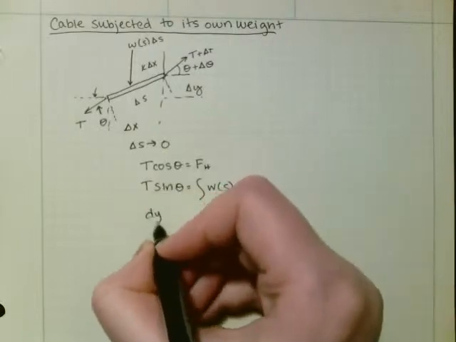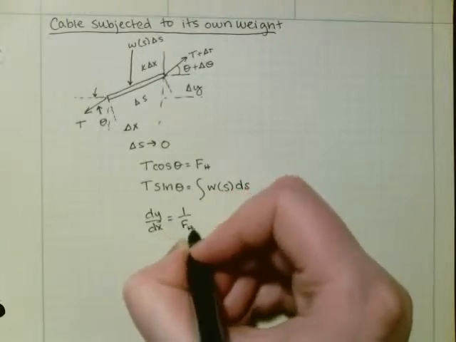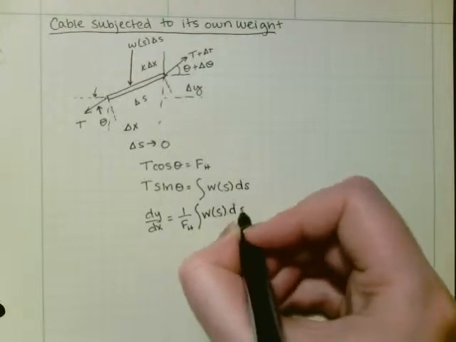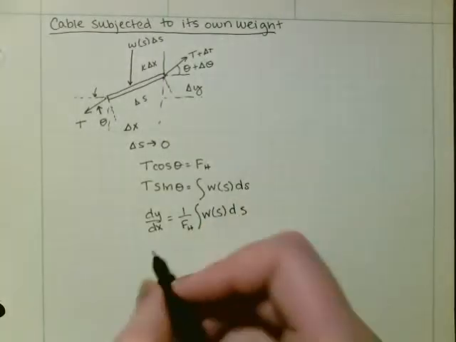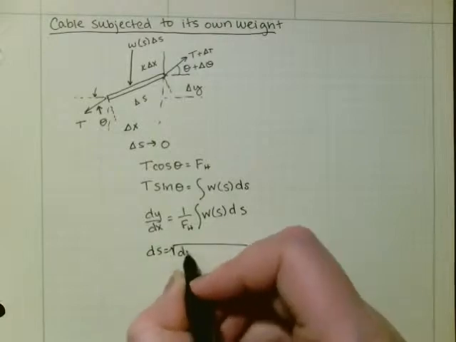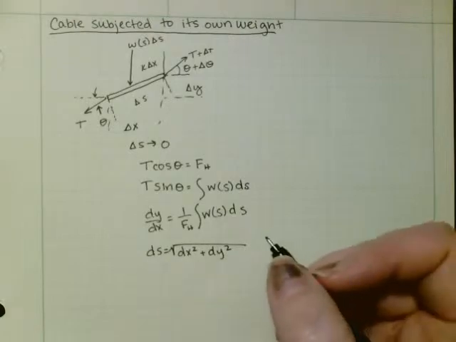And then dy/dx would be equal to 1 over F_H times the integral of w(s) ds, where ds is equal to the square root of dx squared plus dy squared from the Pythagorean theorem.